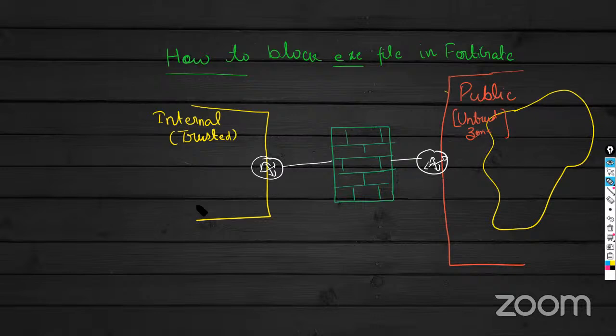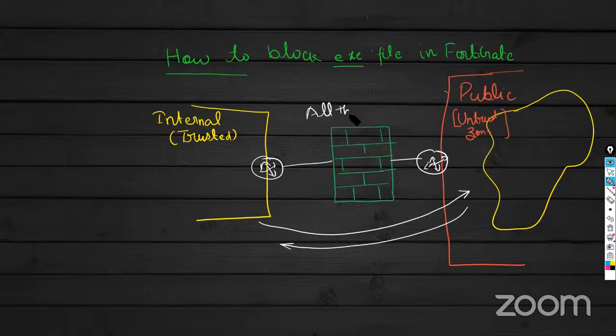Users on the internal zone keep accessing internet resources, any website they are accessing, and based on that they download things. So a lot of traffic is going there, and all the restrictions we put on the firewall.